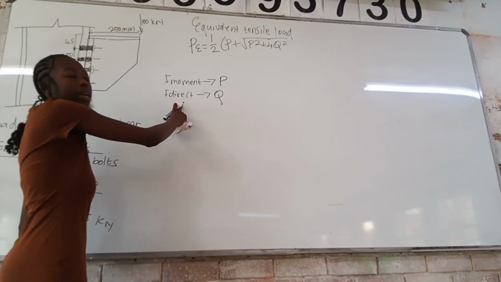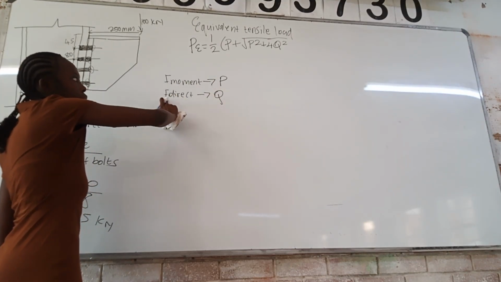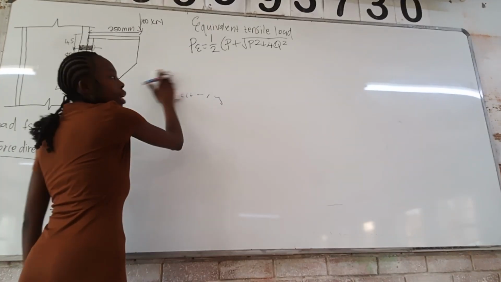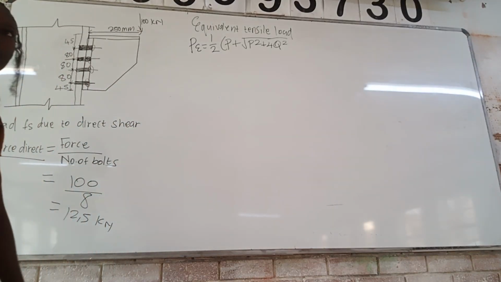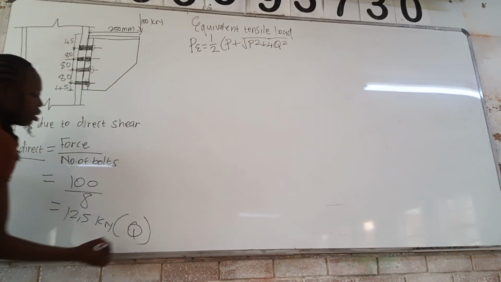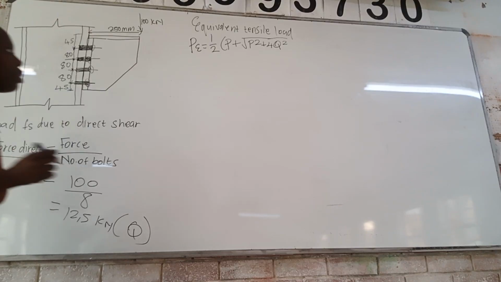Once you've written it down again, F moment is represented by P and F direct is represented by Q.